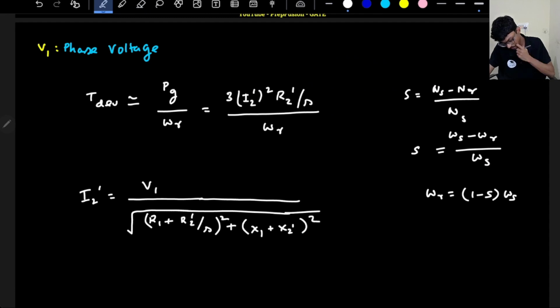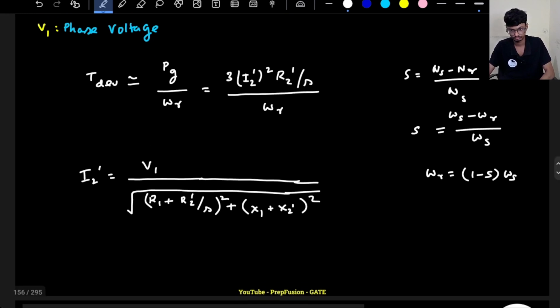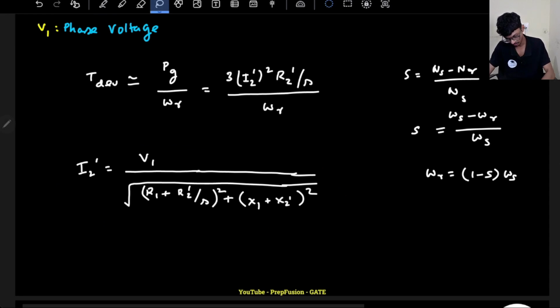This is what my I2 equals. Actually, they are not doing this approximation.